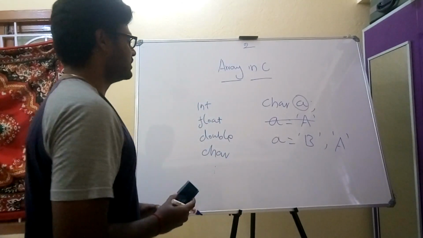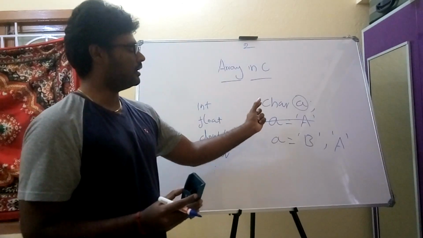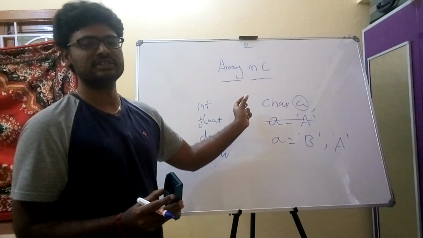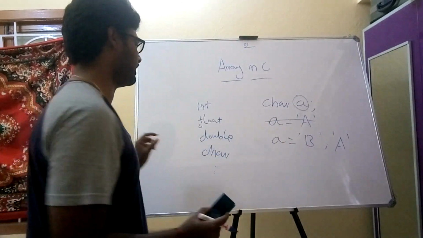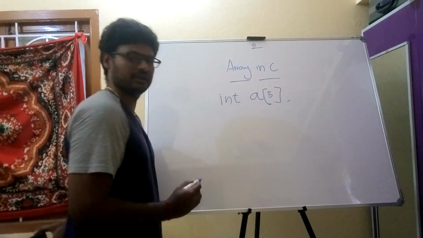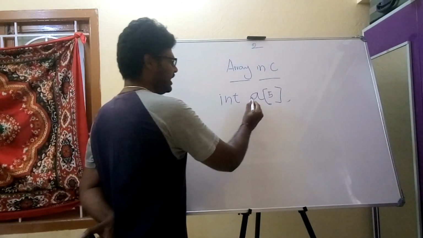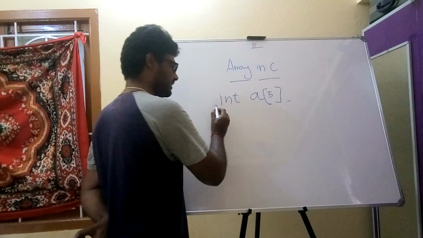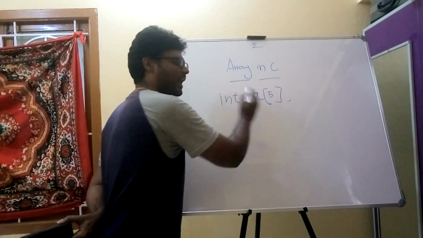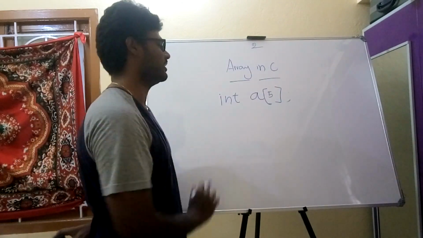Okay, let me see an array declaration and the usage of array. Here we have declared an integer array. The array name is a, the array type is integer, and we can store 5 elements in this array.